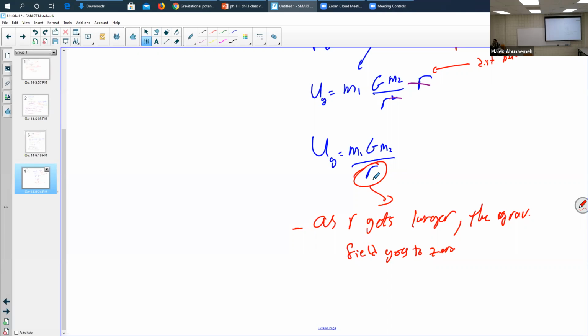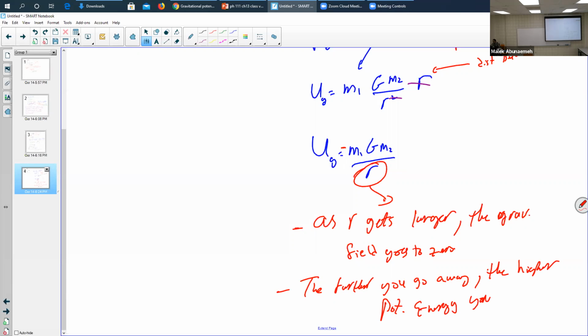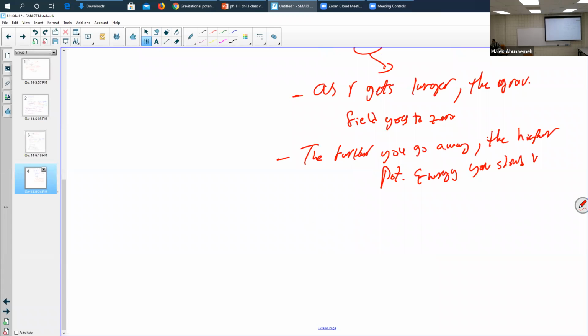So we actually include a negative sign on it, because the further you go away, the higher potential energy you should have.